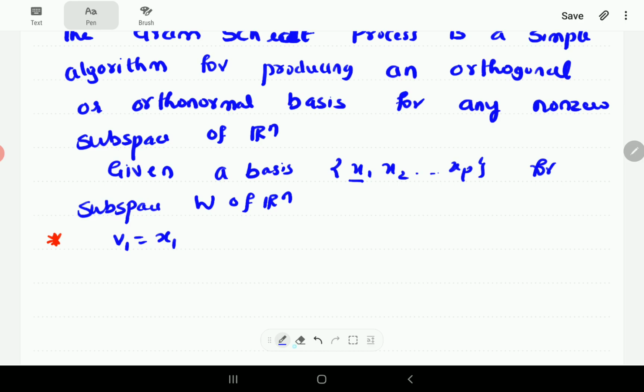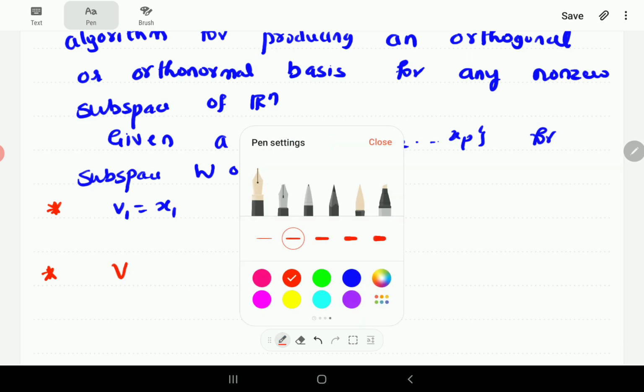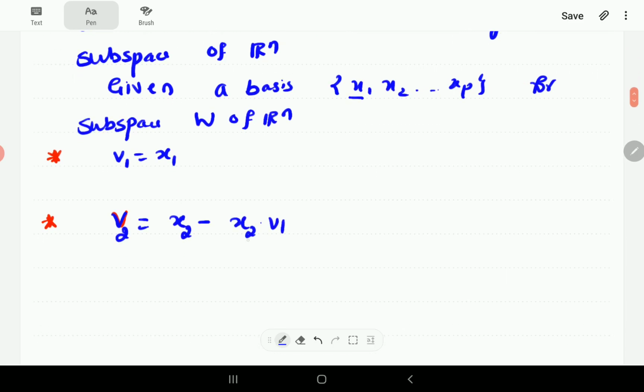The second step will be v2 is equal to x2 minus (x2 dot v1 upon v1 dot v1) into v1.